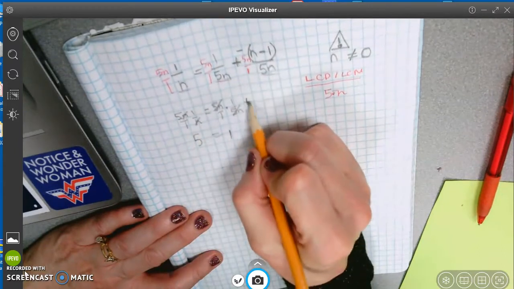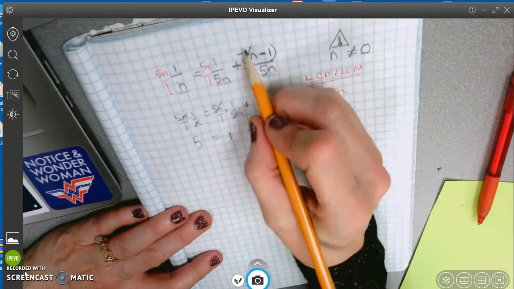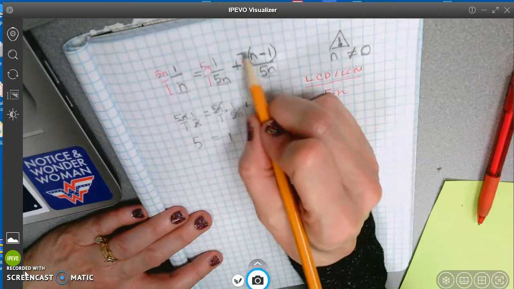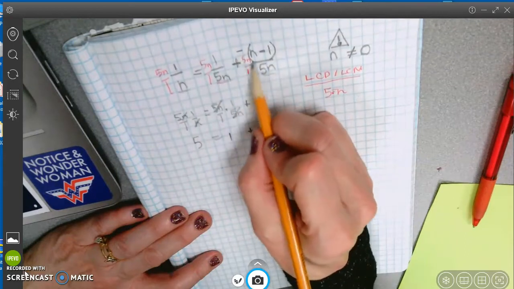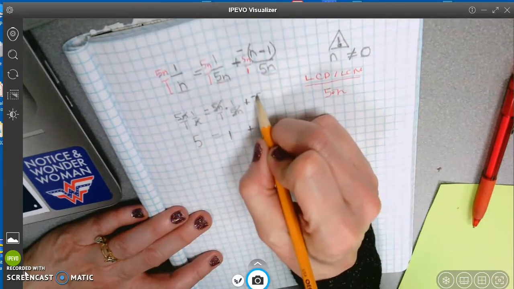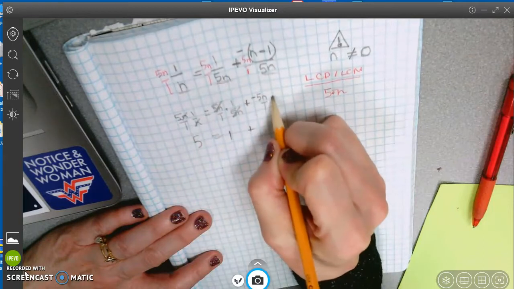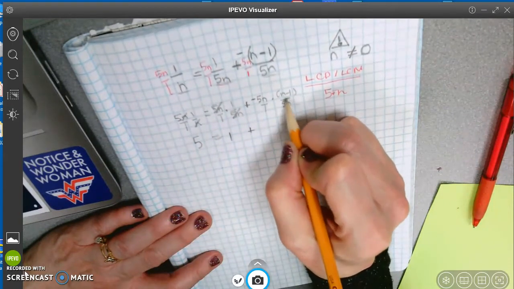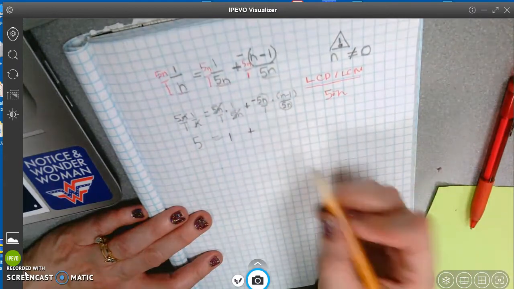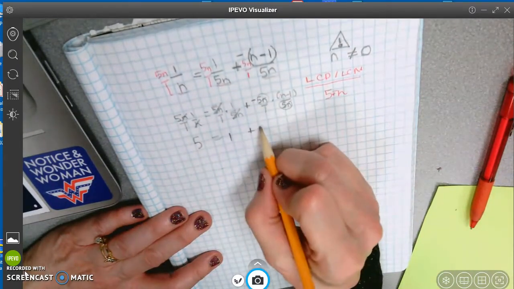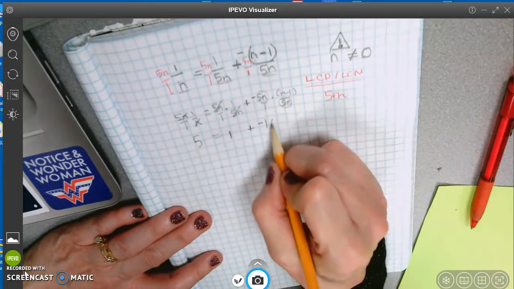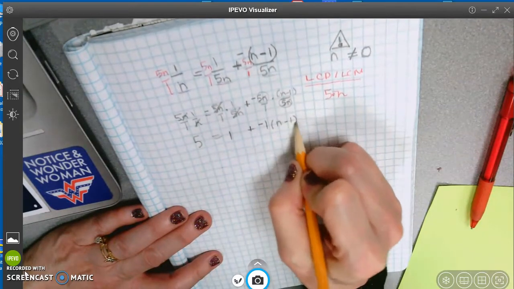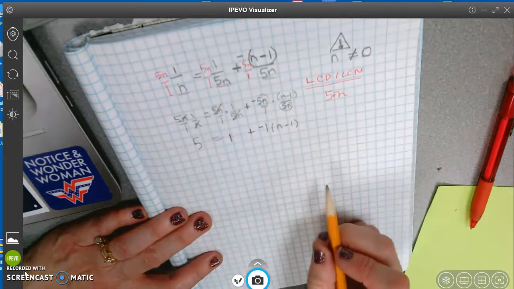Plus. Now look here, before you get crazy with the distributive property, do you notice that 5n, even though it has a negative, is right there? This group we'll take care of later. But this 5n, do you see that and that? Those are going to divide out, but be careful, you're going to leave a negative 1 there with this group. So when I start working it out, I'm going to have to be careful there.